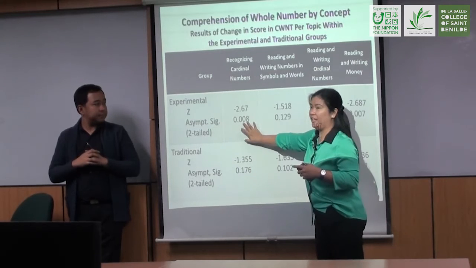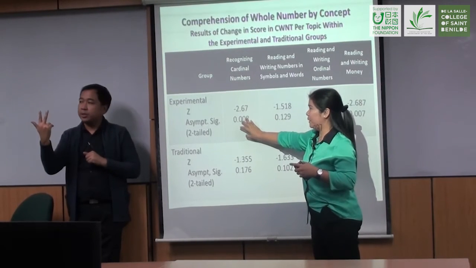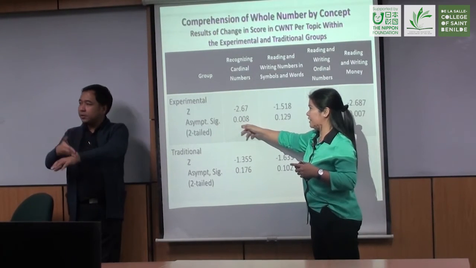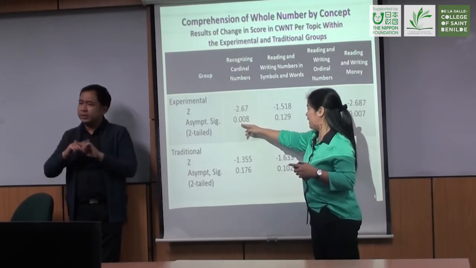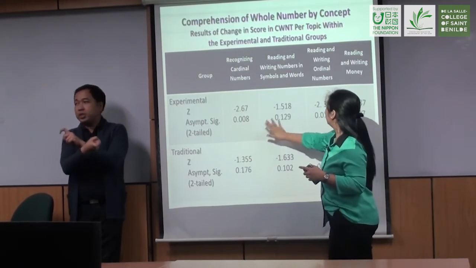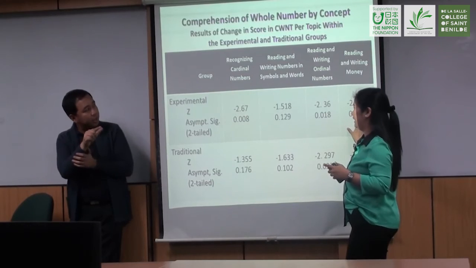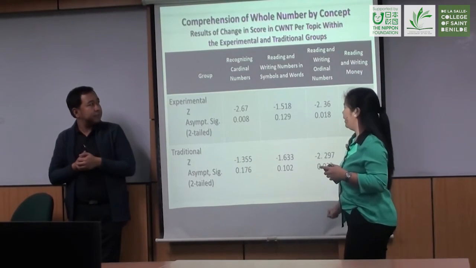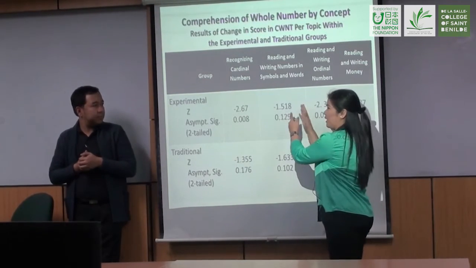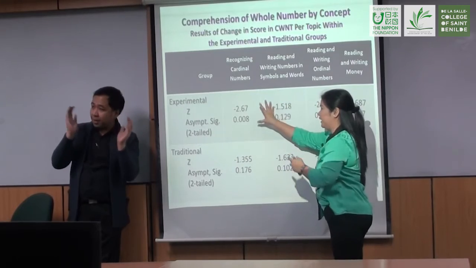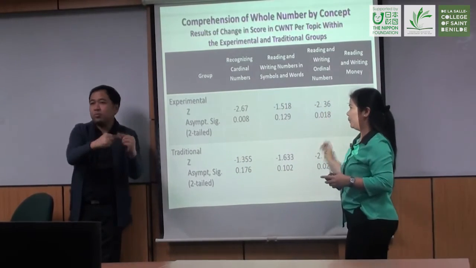So there are three where their scores become significant. There's a significant change in recognizing cardinal, in ordinal, and in minor. Ito within, compare yung mga scores nila within the group.